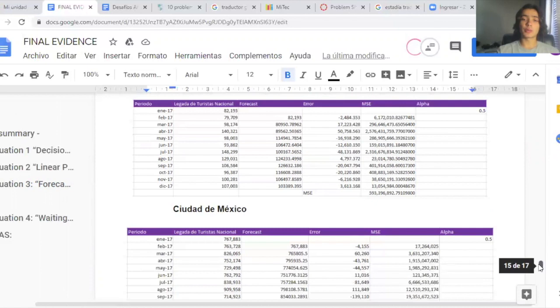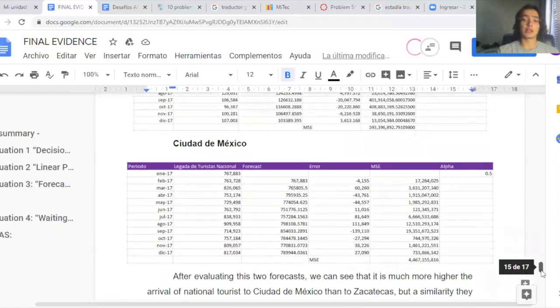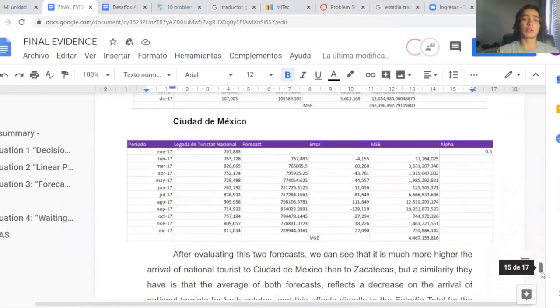And in both regions, there was a decrease on Zacatecas, which you can see here. The comparison is a decrease on the arrival from the national tourists, as well as in Ciudad de Mexico. So it is important for them to analyze this data to create some proposals for an improvement for this hotel and tourism in this region.